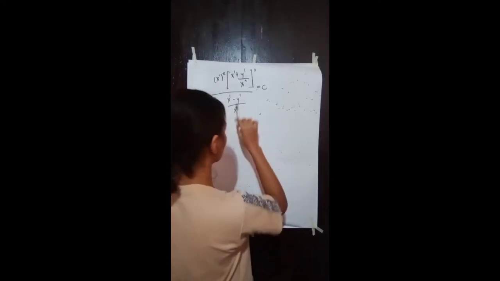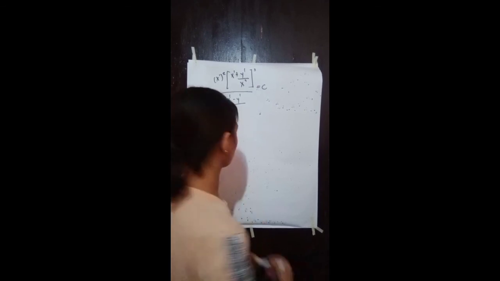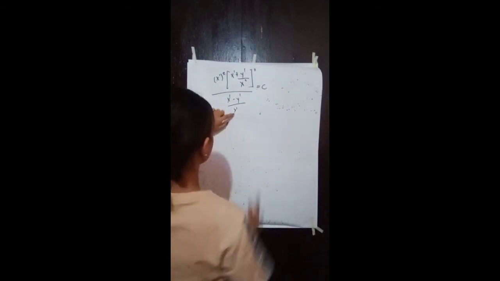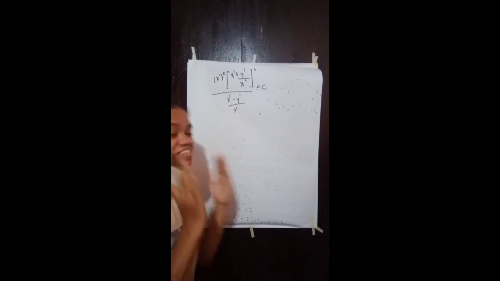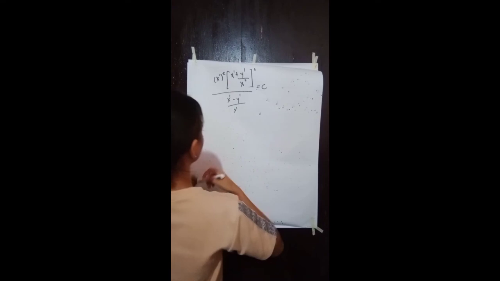Natin natin tong ganitong equation, ang gagawin natin is i-reciprocal natin yung denominator. So, pag ni-reciprocal natin yung denominator, ito ay magkakabaliktad.